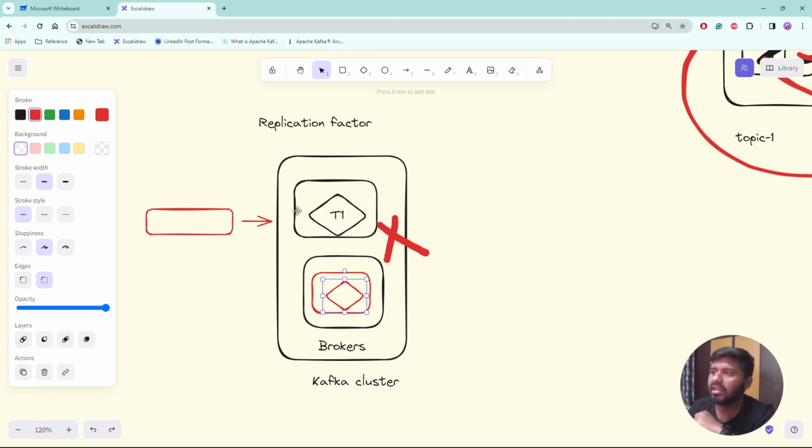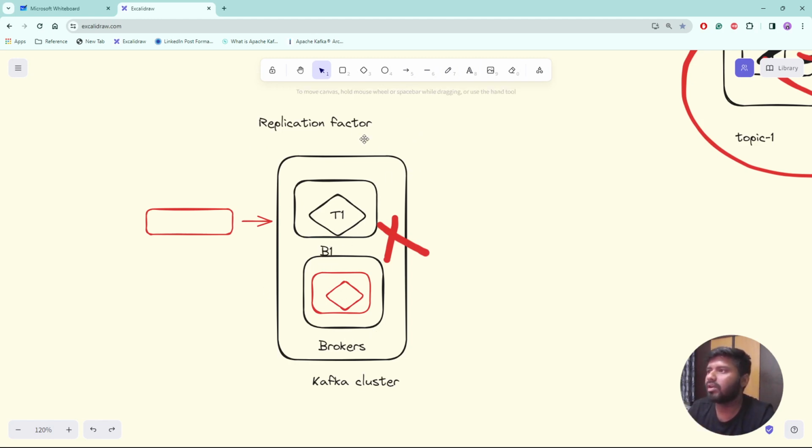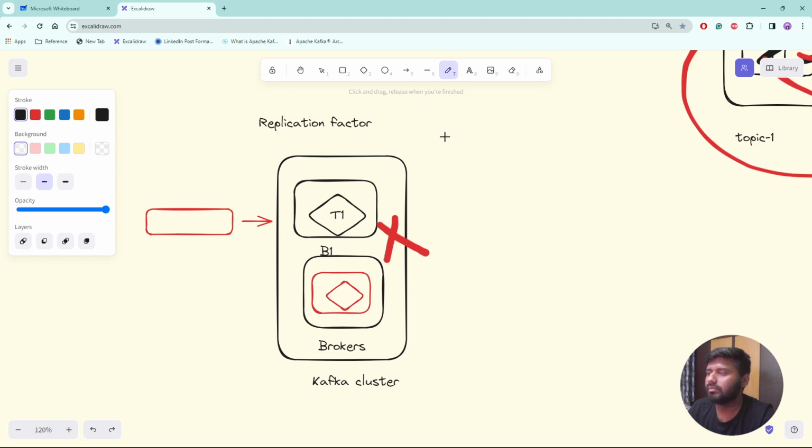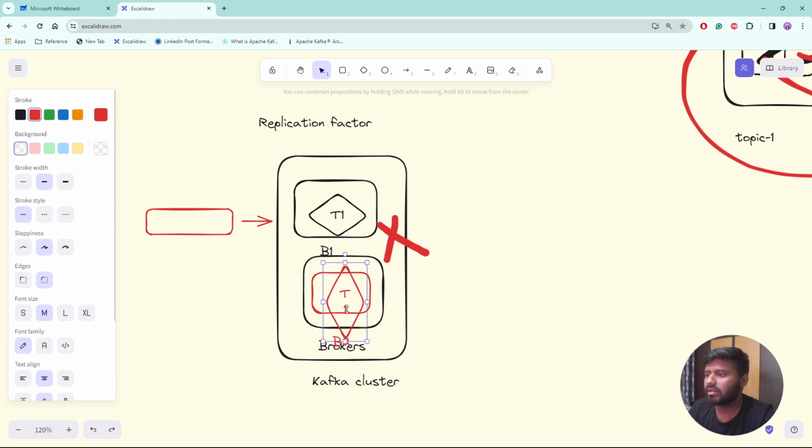That means if this is my broker 1, and this is my broker 2, this is my B2, then both of the brokers could contain the same topic as a replication.